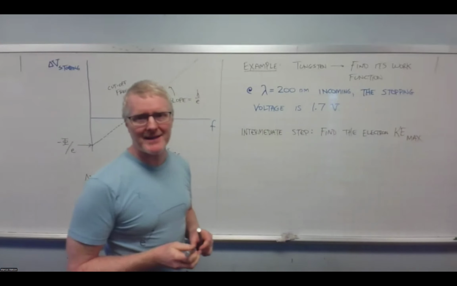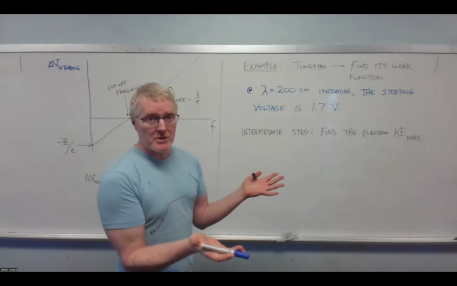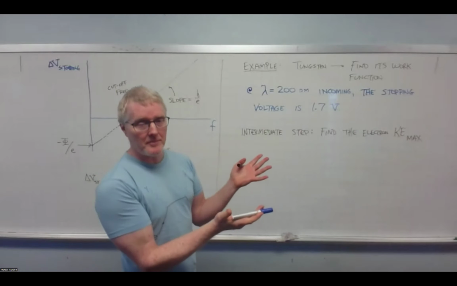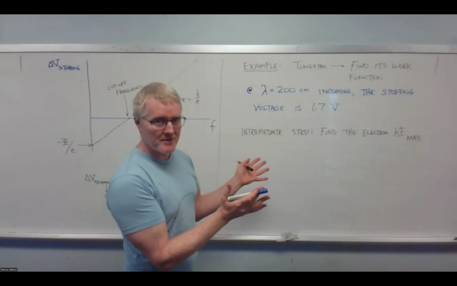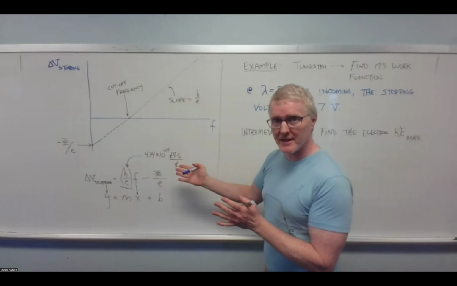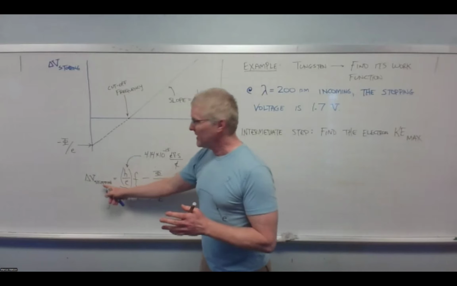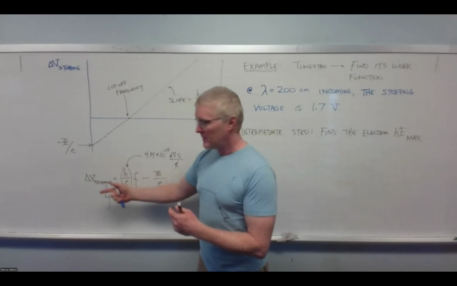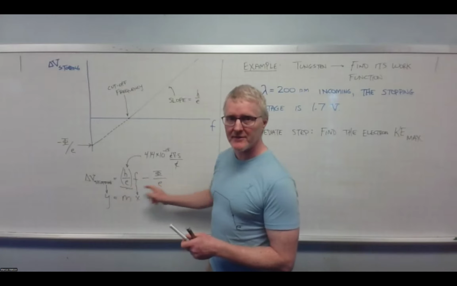What's Ke max? Now, this gets down to units. It seems like a difficult problem, but in fact, it comes down to units. And it's right back to why we have the electron volt here as a unit. How do I convert a voltage into an energy? Well, I do that by multiplying by a little e on both sides.